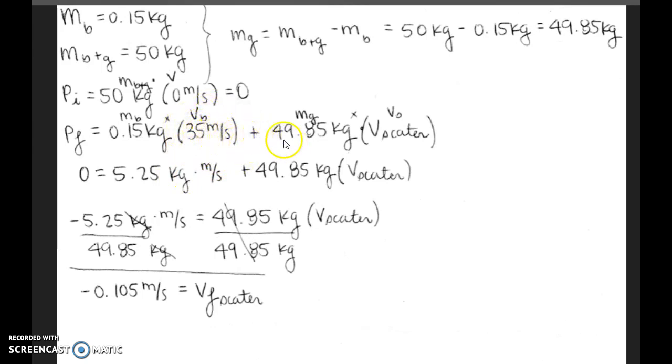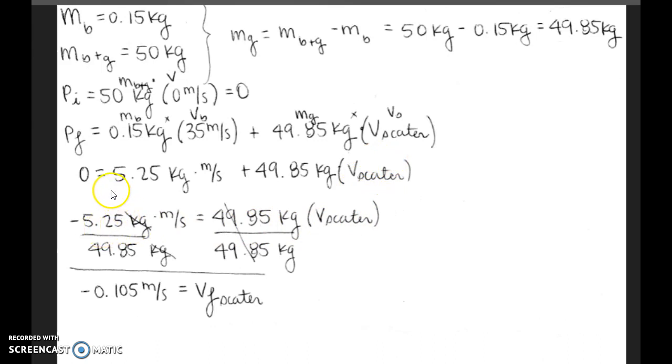And then the mass of the girl, which we calculated to be 49.85 kilograms, times the velocity of the girl or the skater, which we do not know yet. We're going to set her final momentum to 0, and that leaves us with 5.25 kilograms times meters per second plus her mass times her velocity, which is our unknown.